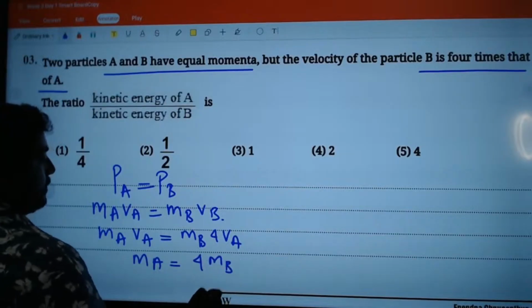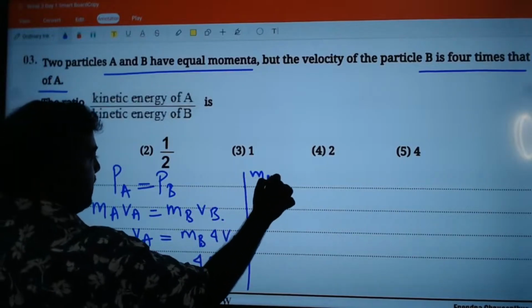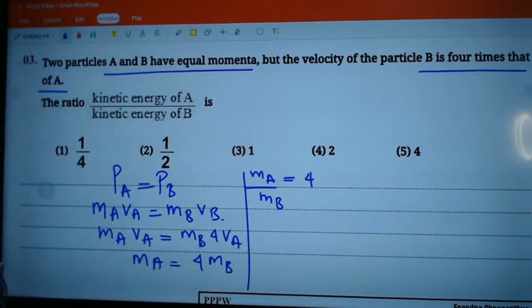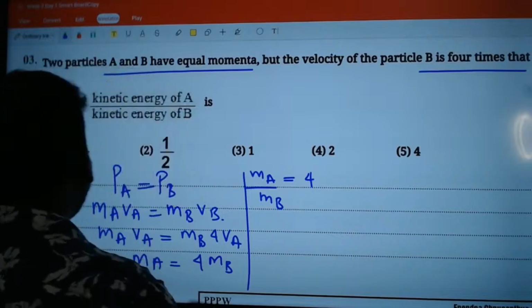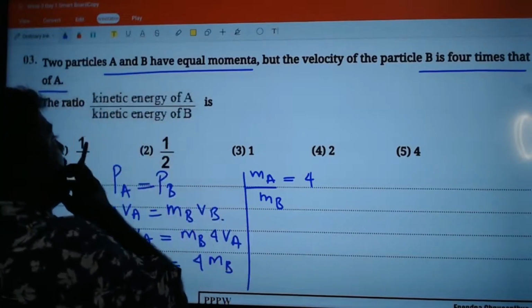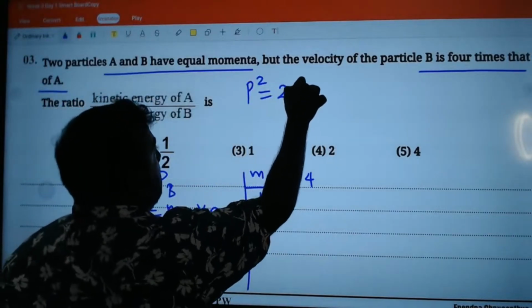There you go. So from this you can build a small ratio. MA over MB is equal to how much? 4. The ratio of the kinetic energy of A to kinetic energy of B. Look at the board carefully. What's the relationship between momentum and kinetic energy?